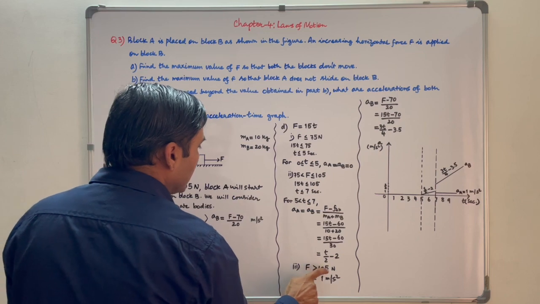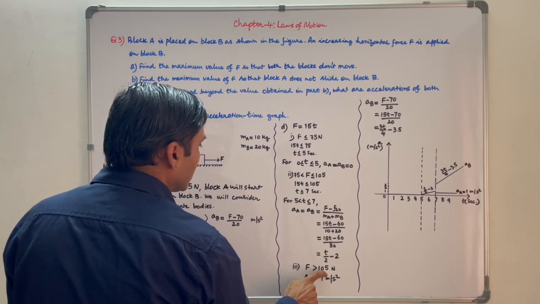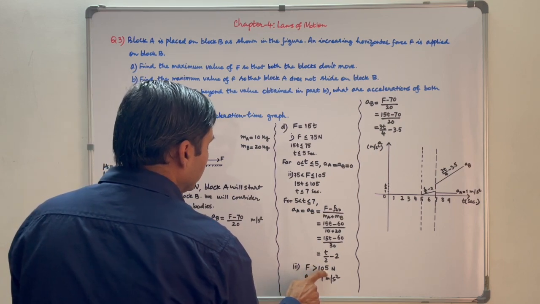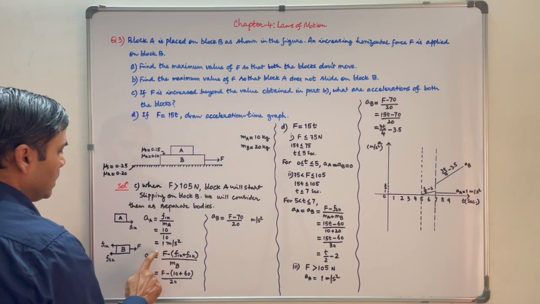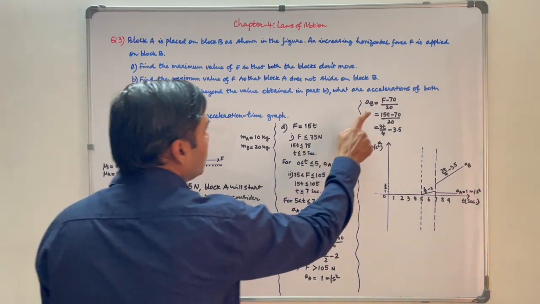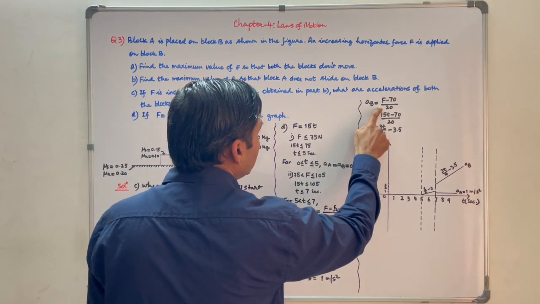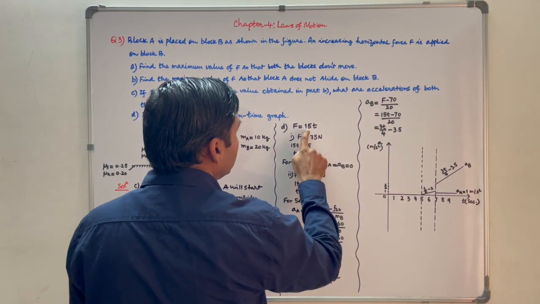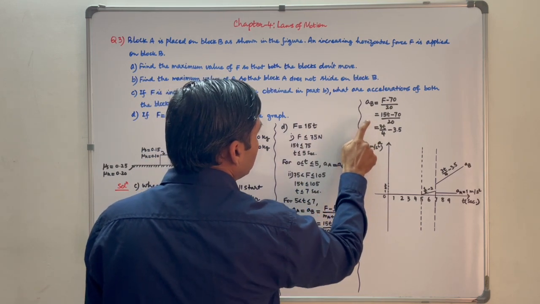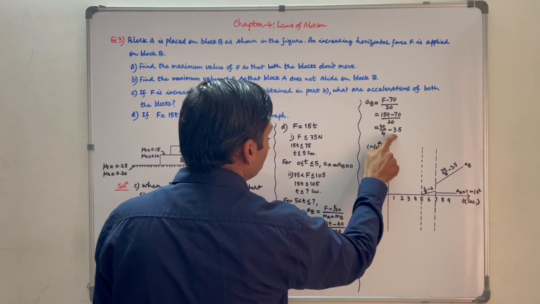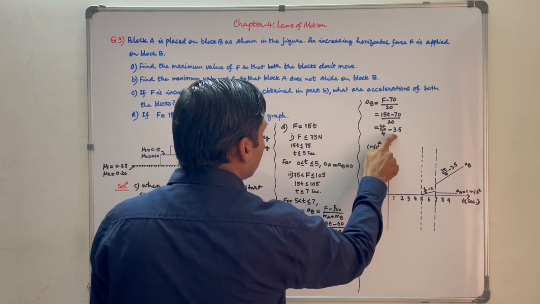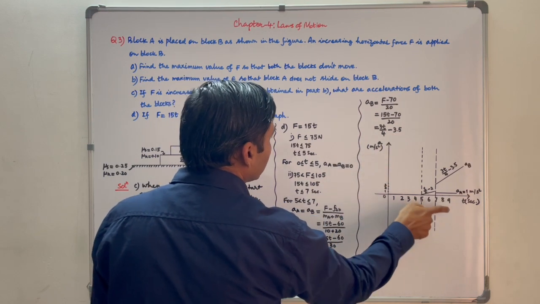When F is greater than 105 Newton, block A starts slipping on block B. Acceleration of block A is equal to 1 meter per second square and acceleration of block B is equal to (F - 70)/20. Put F equal to 15t. So acceleration of B is given by the formula 3t/4 - 3.5 meter per second square. Now we have got time intervals and acceleration of both the blocks in those time intervals, so we can plot the a-t graph easily.